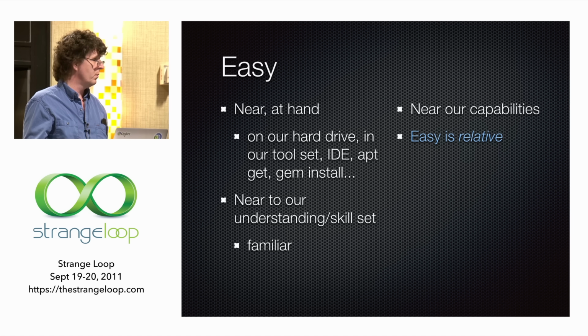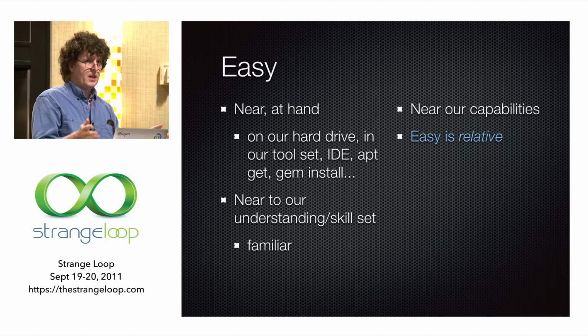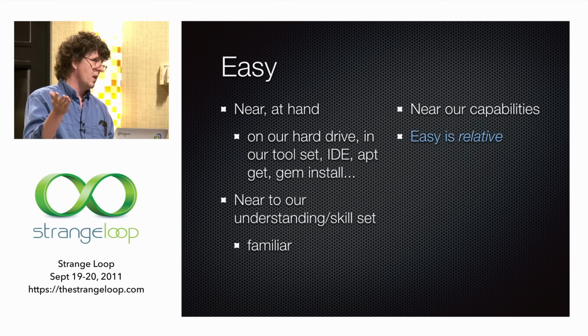Or hard for whom? It's a relative term. We throw these things around casually, saying, I like to use that technology because it's simple. And when I'm saying simple, I mean easy. And when I'm saying easy, I mean because I already know something that looks very much like it. That is how this whole thing degrades, and we can never have an objective discussion about the qualities that matter to us in our software.